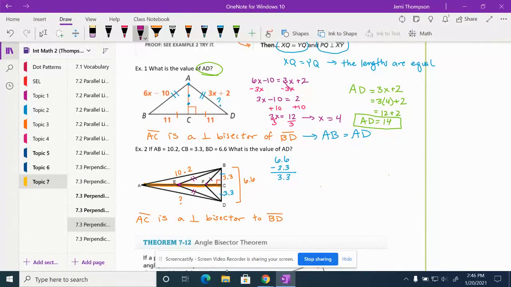I know that for point F, the distance from F to B is the same as the distance from F to D. Same thing for A. So A to B is the same distance as A to D. So when I'm looking for my length of AD, I can get just 10.2. So that first half of the notes really focuses on perpendicular bisector.